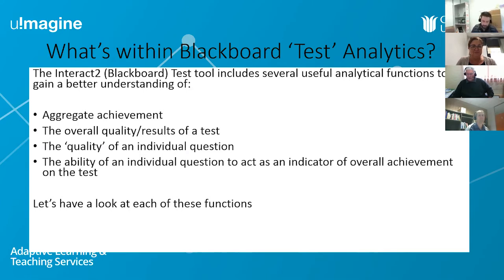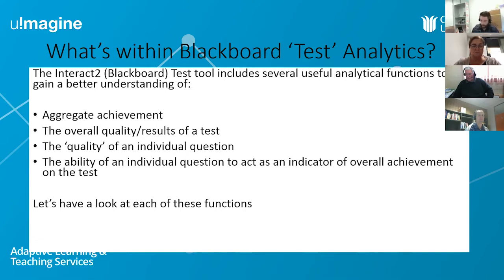So when you run an analysis within Blackboard or Interact 2 tests, you'll see information relating to aggregate achievement. So overall, what has the cohort done? And this will give you an insight into the overall, I've used those words interchangeably, but they do mean different things, the quality of the test as determined by the formulas that Blackboard put into their analytical reports.